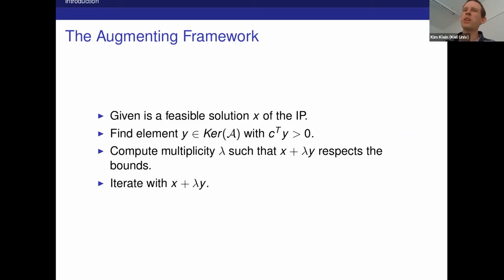So now, how can we compute this kernel element? We can just use a dynamic program to search the whole area around zero.